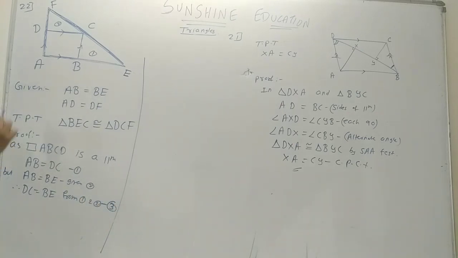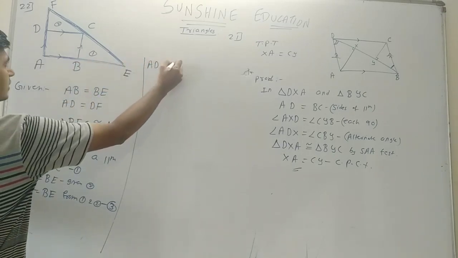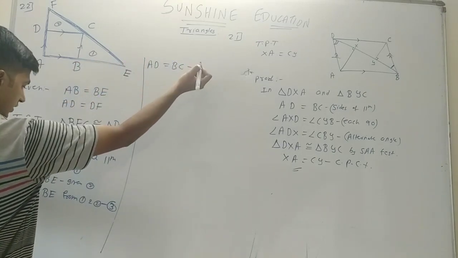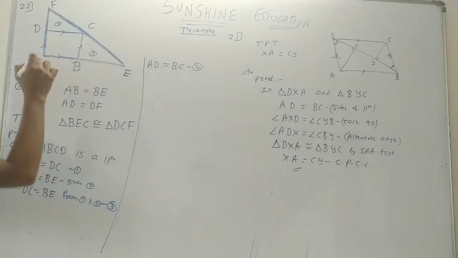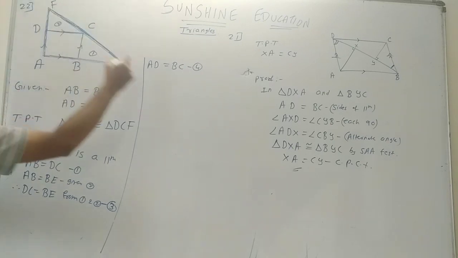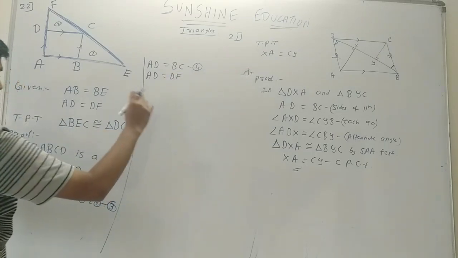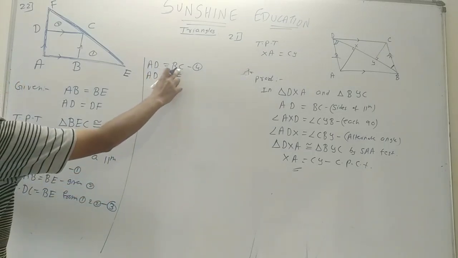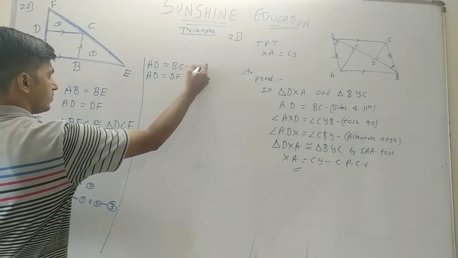Similarly, AD is equal to BC. I can say that AD is equal to BC, number 4. But AD is also equal to DF. What is the reason for this? AD is equal to BC, opposite sides of parallelogram.